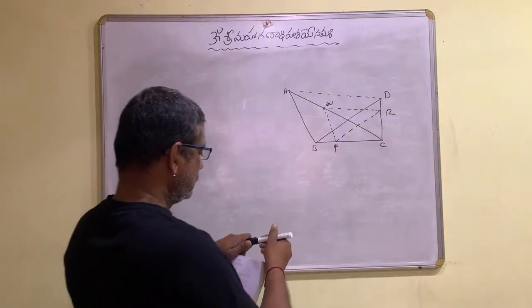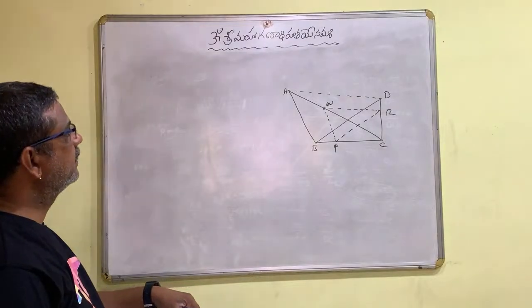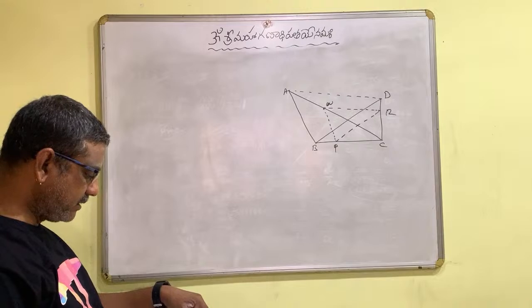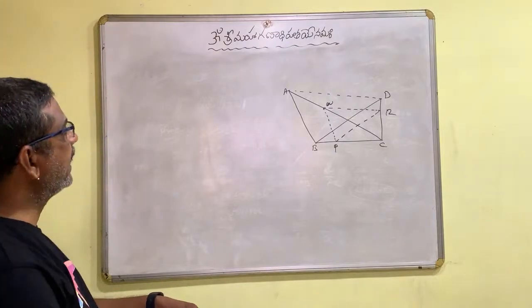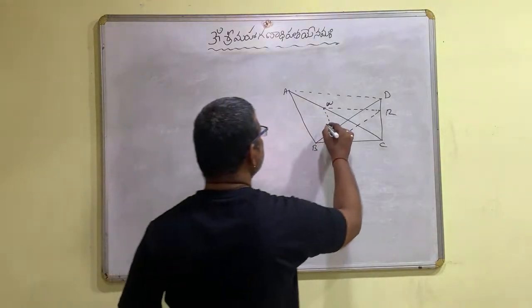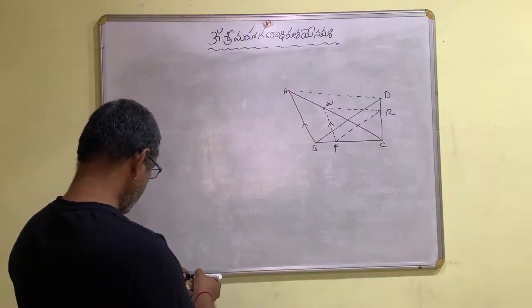So what is given? Triangles ABC and DBC have common side BC, shown in the figure. From a point P, PQ is parallel to AB, that is given.